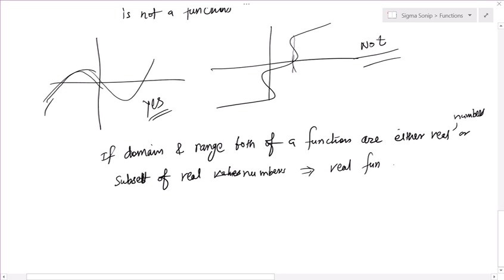So a function is a real function if its domain and range both are either R or a subset of R.